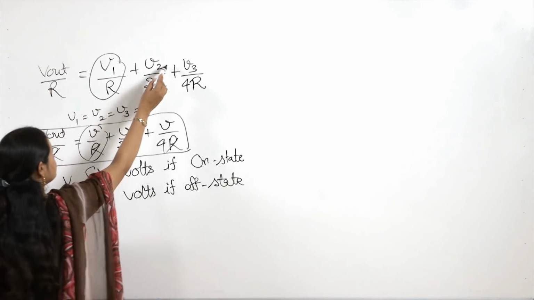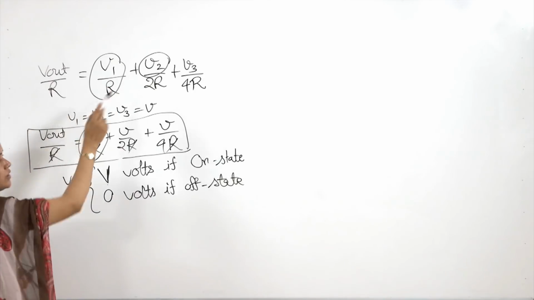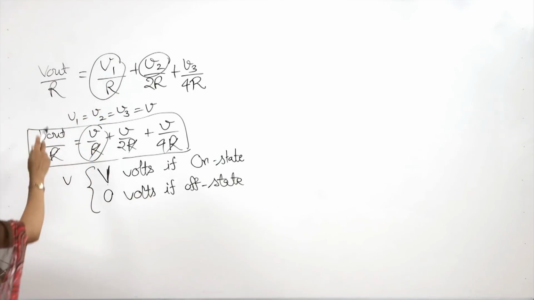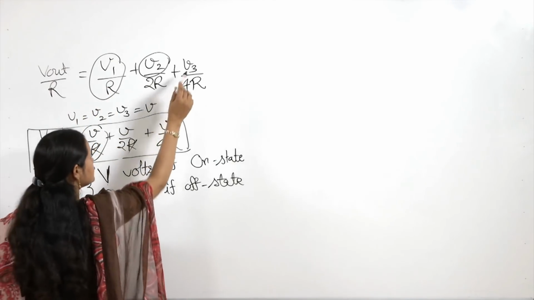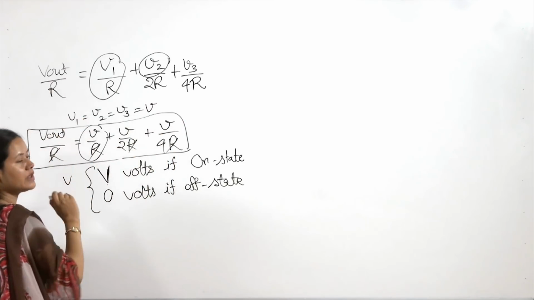The second value has an impact of 1 upon 2 ratio with respect to our output, and this one has 25%, 1/4 weightage with respect to output.